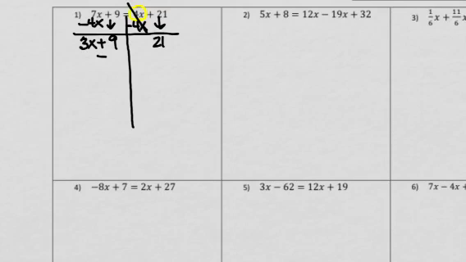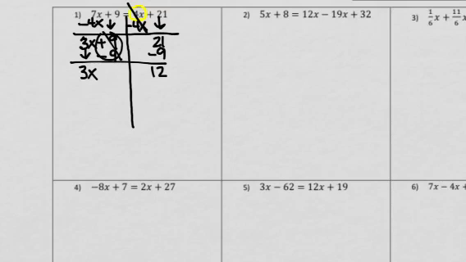Now I am ready to subtract 9 from each side, and this goes back to yesterday's work. The 3x drops down, the plus 9 minus 9 cancels, and 21 minus 9 is 12.